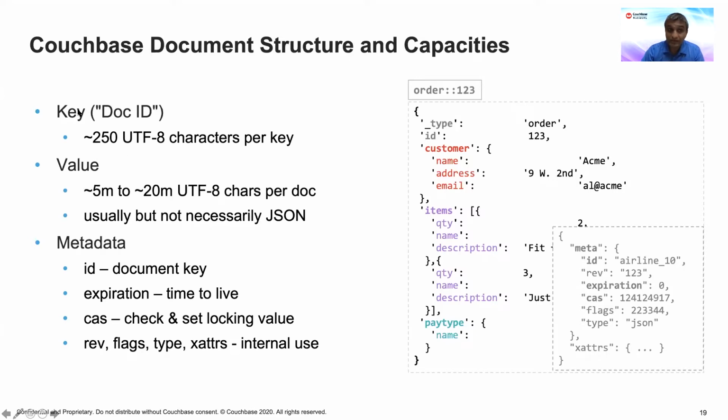You know the key value. The key can take up to 250 characters, which means you can model your key as well. And value can be up to 20 megabytes. Does not mean that each document has to be as large as 20 megabytes. That's the maximum upper limit.